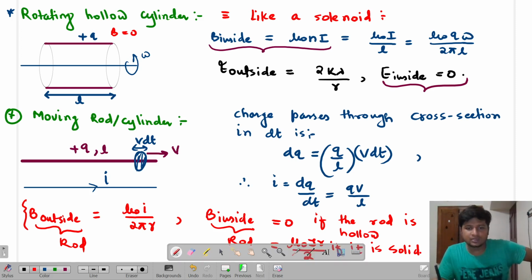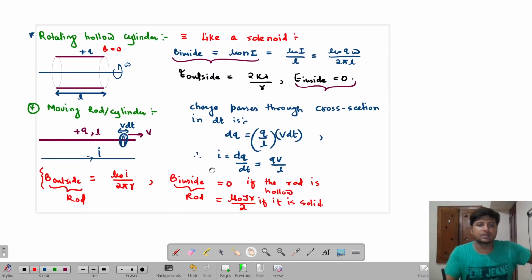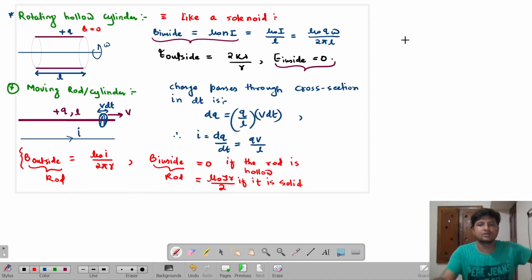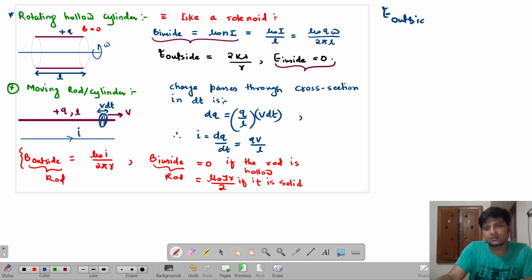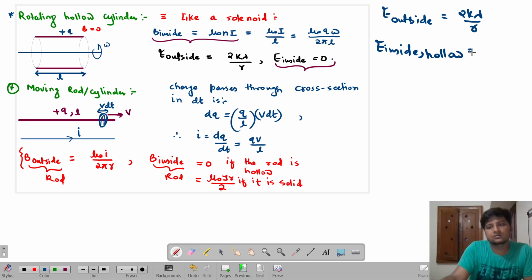Similarly, we know that the electric field of this rod is also defined. The electric field of a rod or cylinder outside is always the same. E outside is simply 2k lambda by r. But E inside for the hollow case is exactly equal to 0.